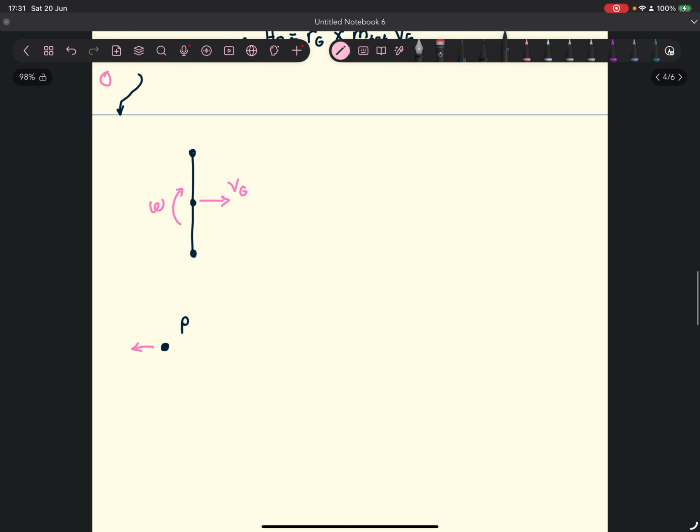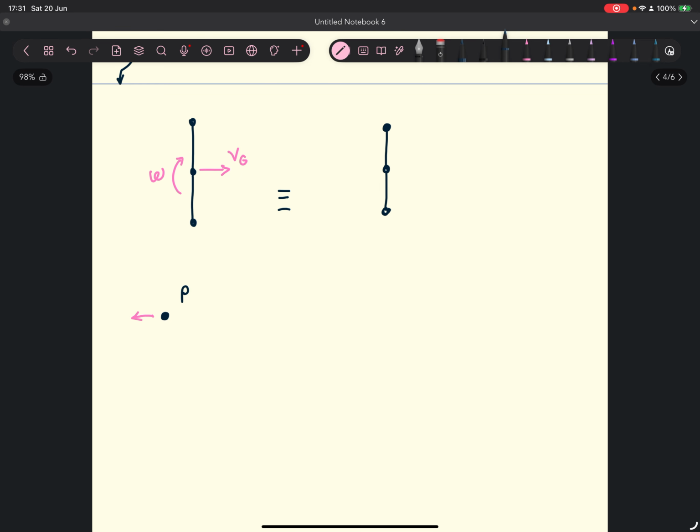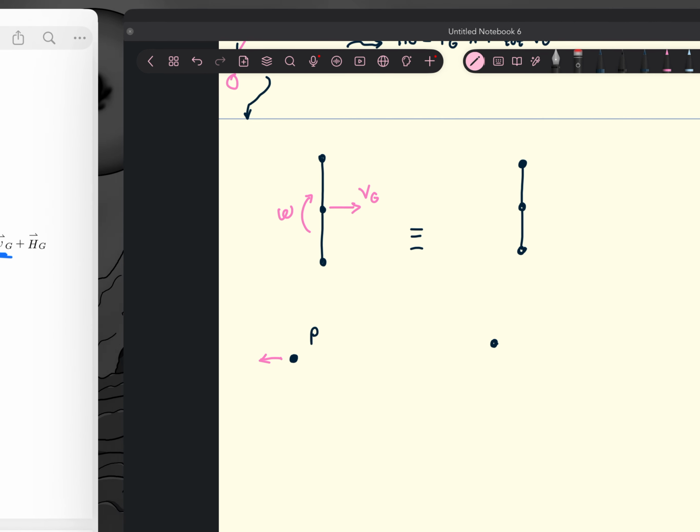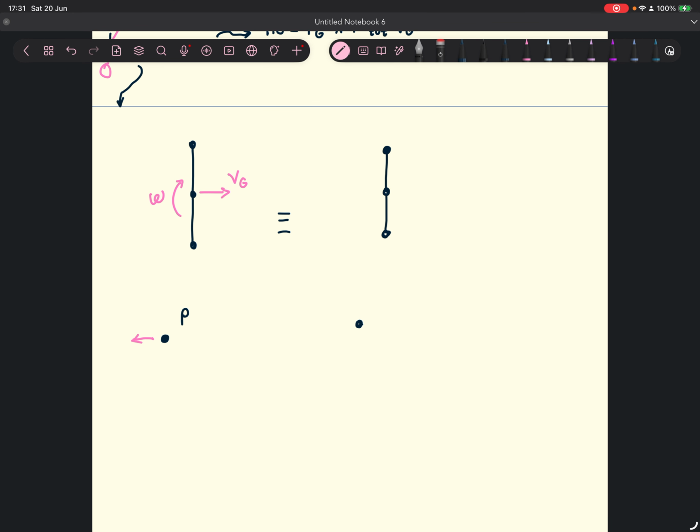Okay, so in this example over here, we're going to divide it into two parts. Okay, let me not actually say that P is moving.